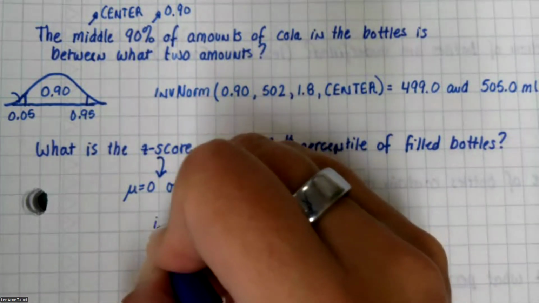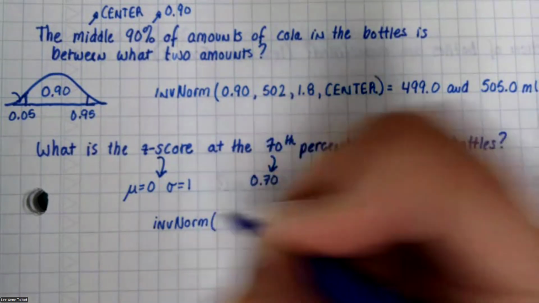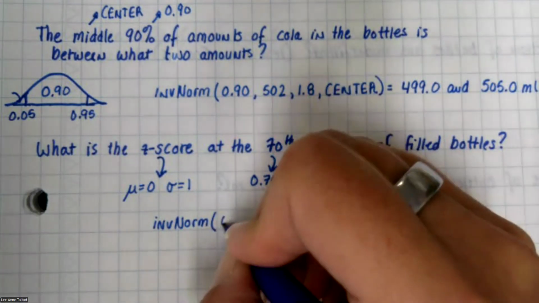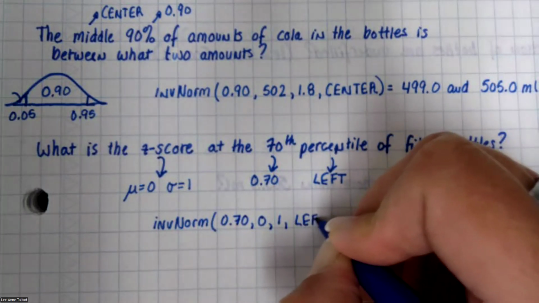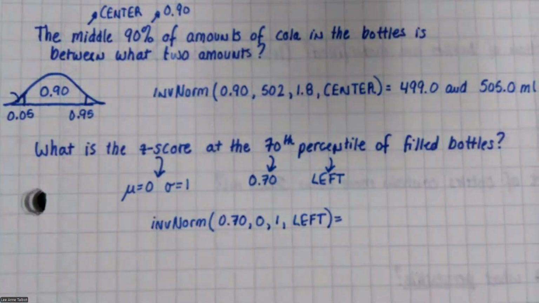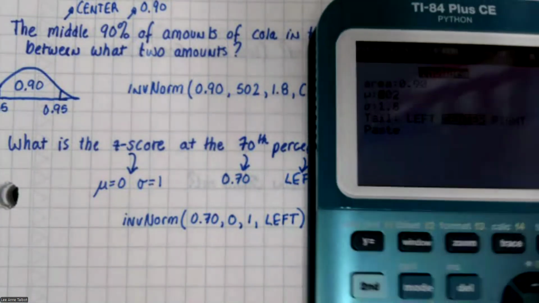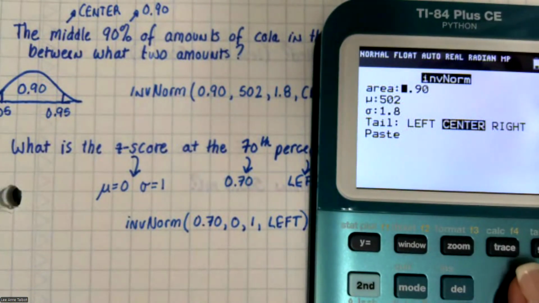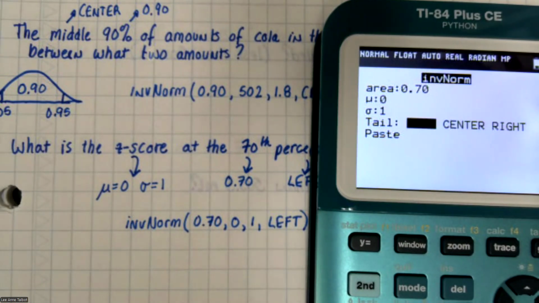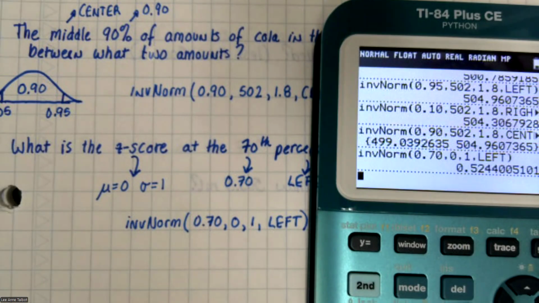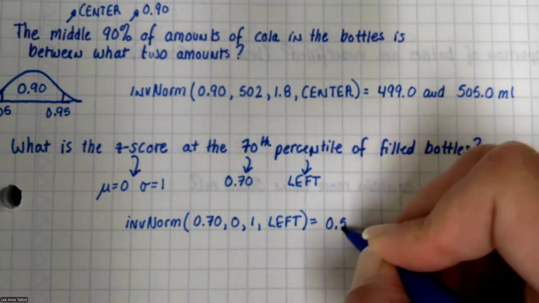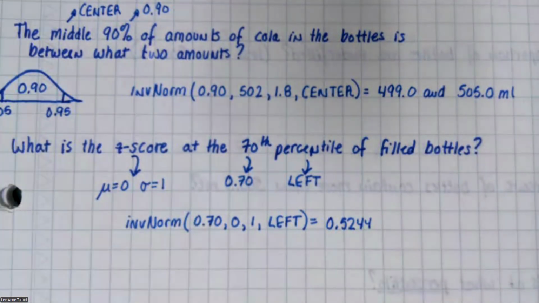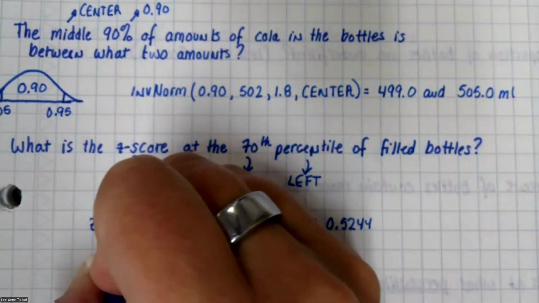Okay, so inverse norm 0.70, 0, 1, left. 0.5244. I'm going to put z equals on the front.